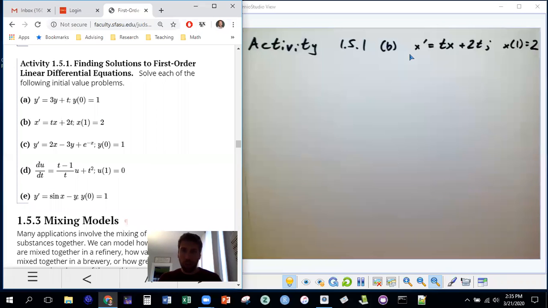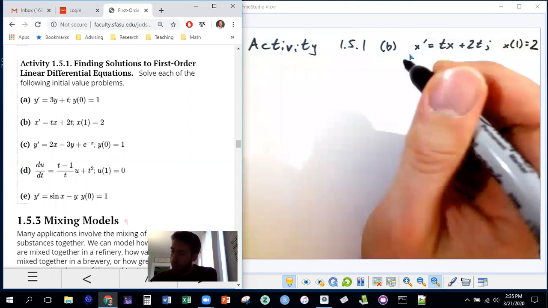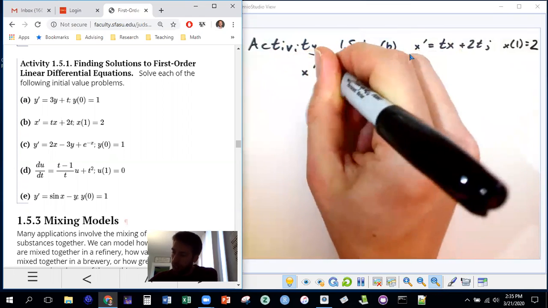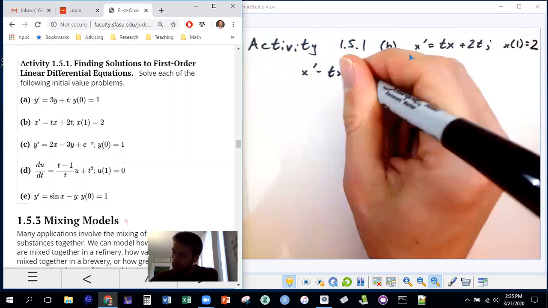This is activity 151 part B, where x prime equals tx plus 2t with initial condition x of 1 equals 2. So again, just like last time, our first step is to write it in the proper form, x prime minus tx equals 2t.